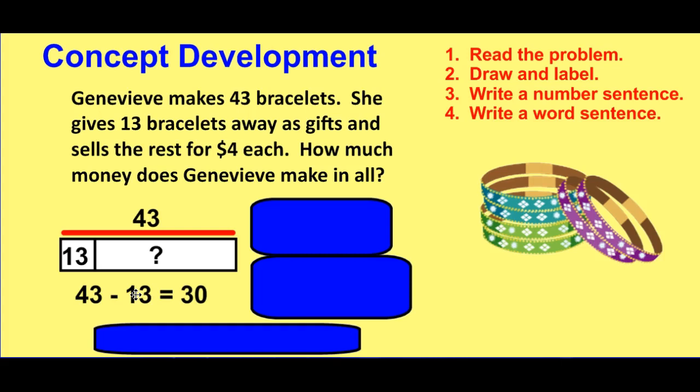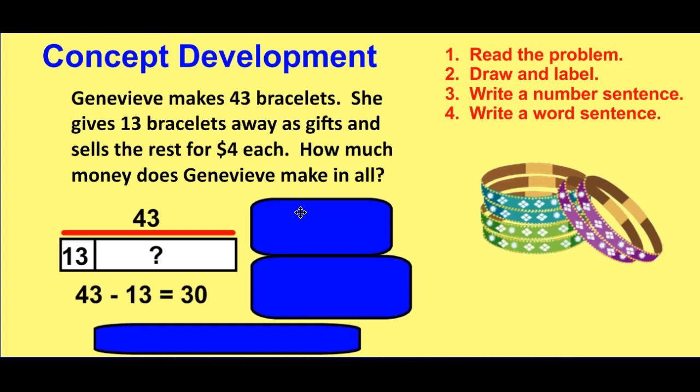So now that I know how many bracelets she has left over, and I know that she sells the bracelets for $4 each, what do we need to do to solve the rest of this equation? You don't have to draw another tape diagram or another drawing for this, because I know that you would have to draw 30 groups, and that is quite a bit to draw.